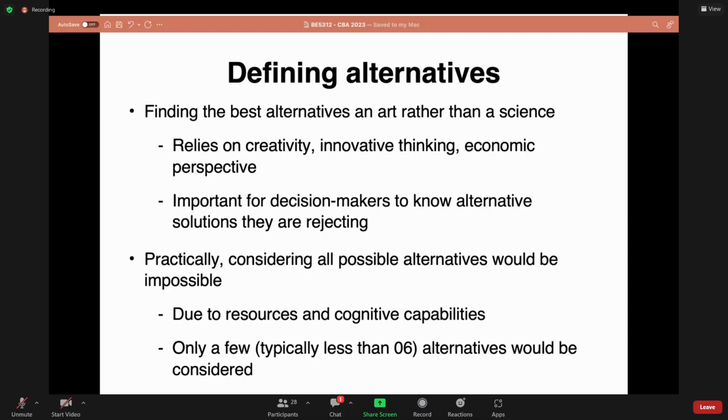And it's important for an analyst to let the decision makers know which kind of alternatives you have considered in recommending a particular option.